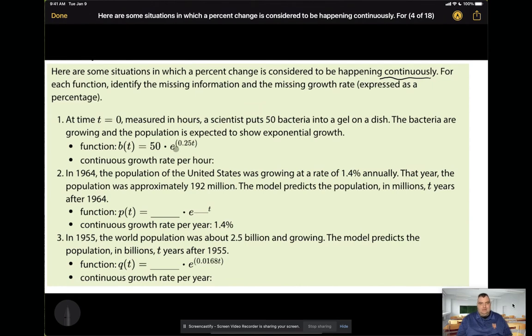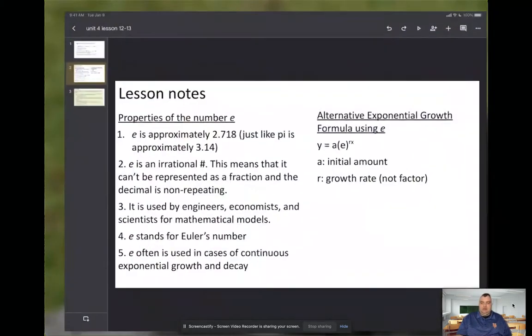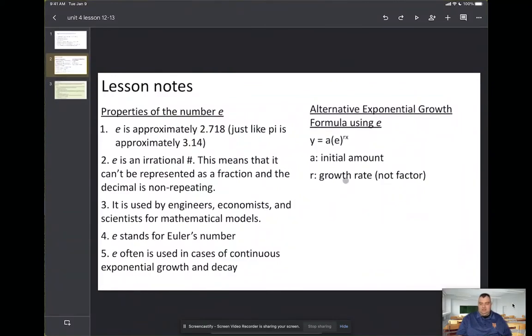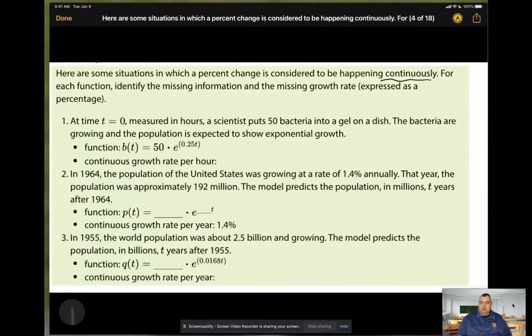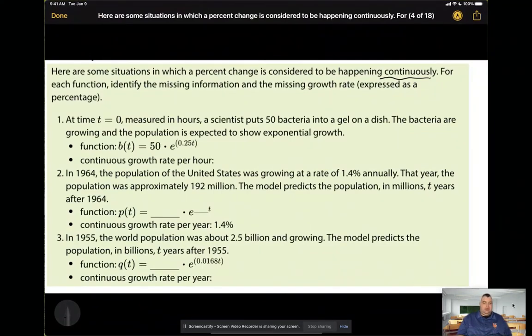Okay, E, and then remember it's R times X. In this case, they're using T instead of X. But this 0.25 right here is going to be the R value, which if we go back to our lesson notes, the R value is the growth rate. So 0.25 is 25%. So the continuous growth rate is 25% per hour. So it's growing at a rate of 25% per hour.